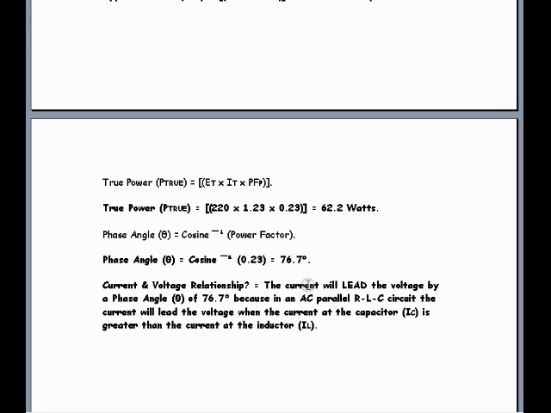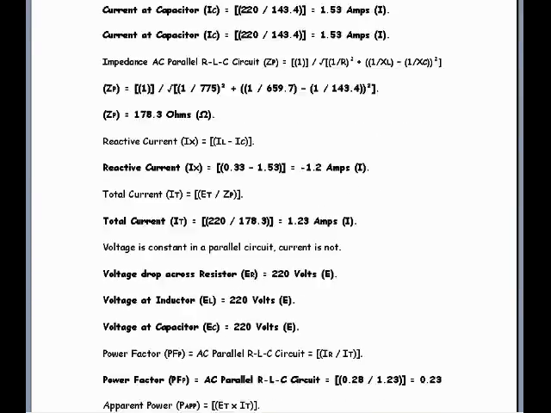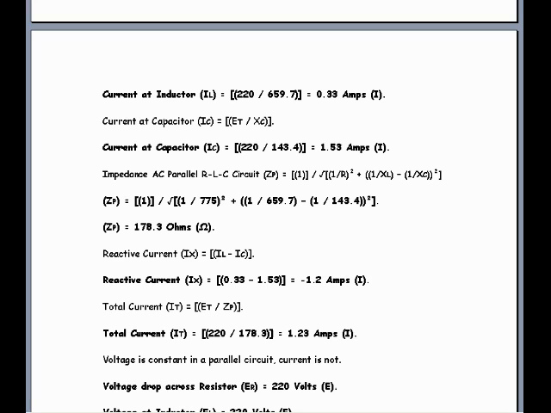So that means the current will lead the voltage by a certain phase angle, in this case 76.7 degrees, because in an AC parallel RLC circuit, the current will lead the voltage when the current at the capacitor is greater than the current at the inductor. So go back and look at I sub C. We have a current of 1.53 amps, which is greater than I sub L, 0.33.